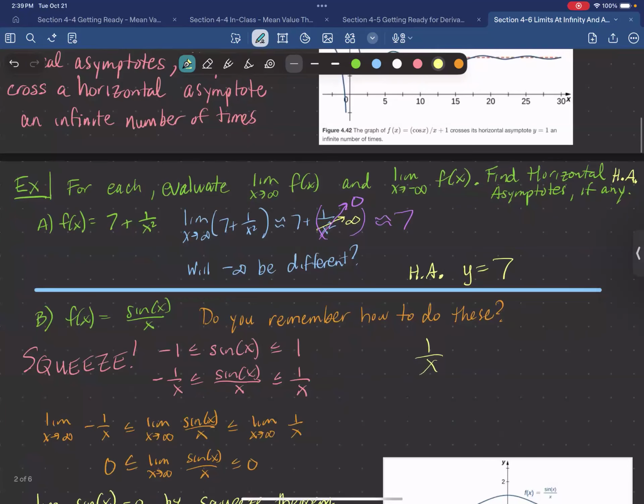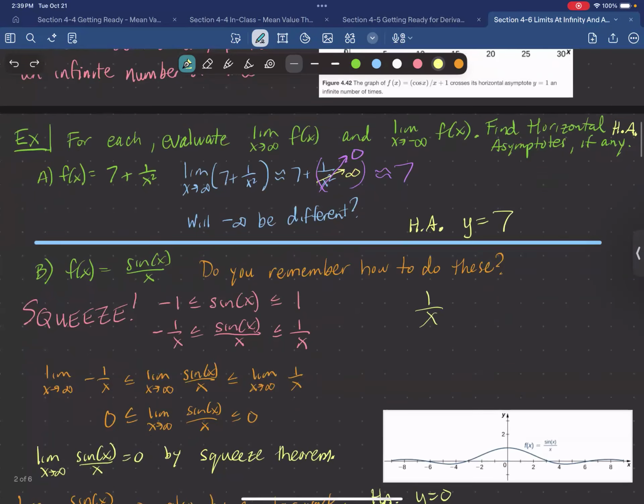This goes to 0, and this goes to 0. And so we have 0 is less than or equal to the limit as x goes to infinity of sine x over x, which is also less than or equal to 0. So that limit is 0 by the squeeze theorem.